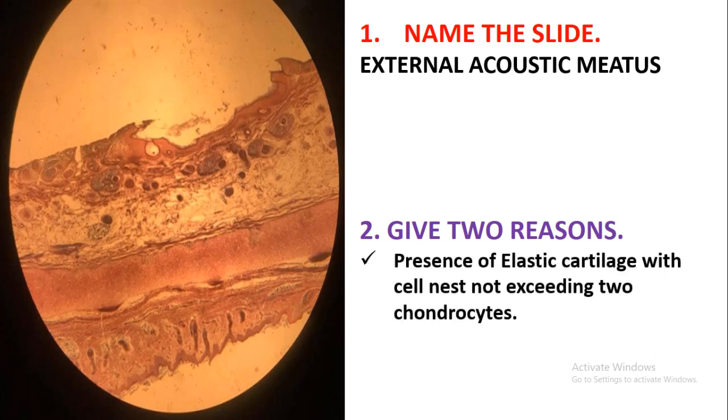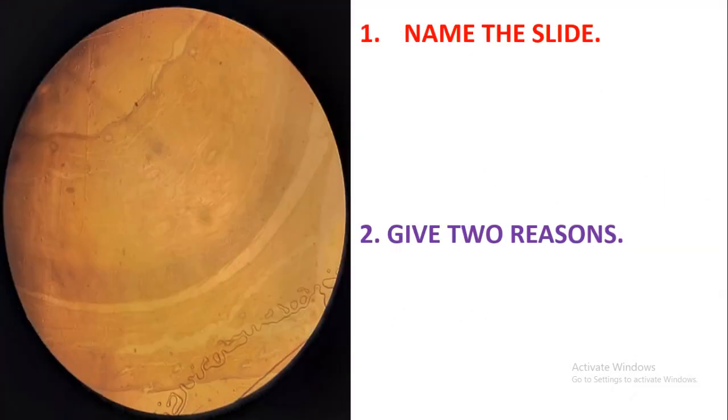The reasons can be, one, the presence of elastic cartilage with cellularity not exceeding 2 chondrocytes. You need to understand that one of the characteristics of elastic cartilage is that the cell nests do not have more than 2 cells. It can either be 1 or 2. The other reason is the presence of dark elastic fibers. Let's quickly move on and look at the next question.